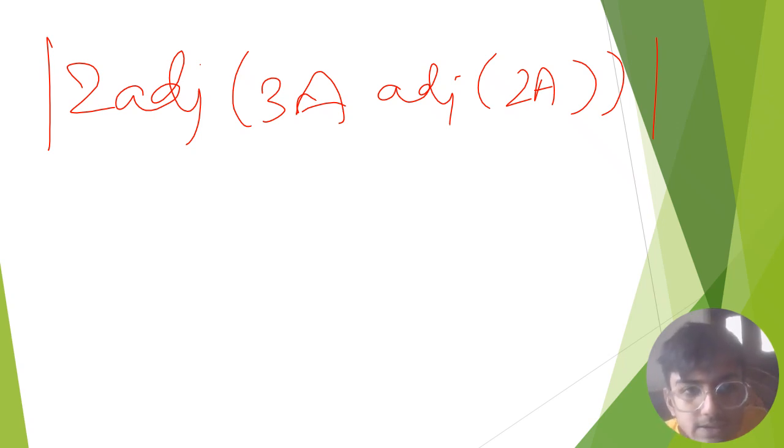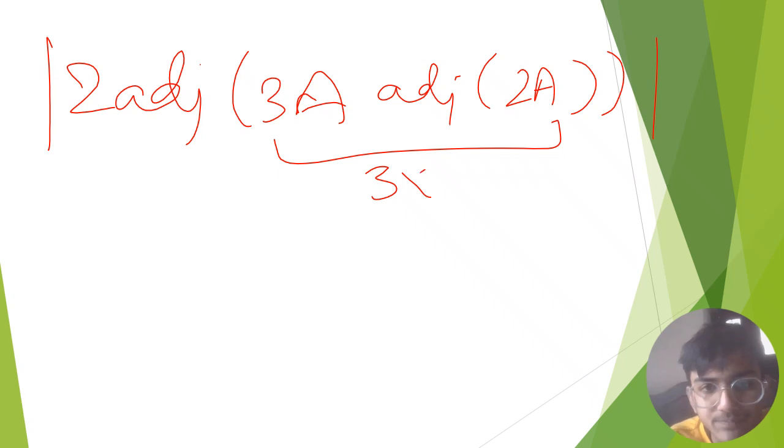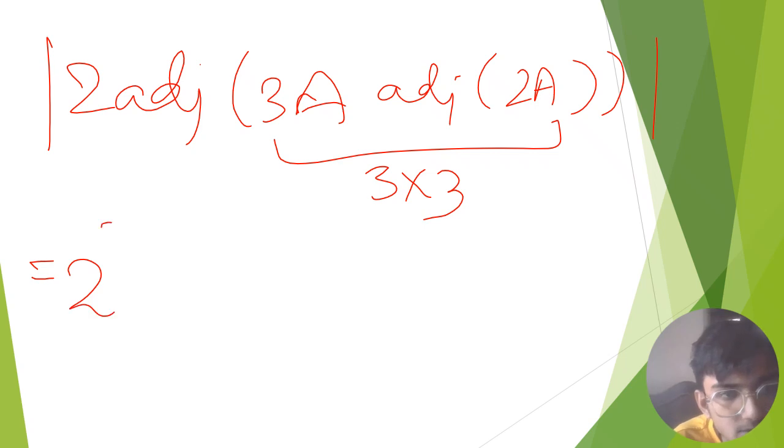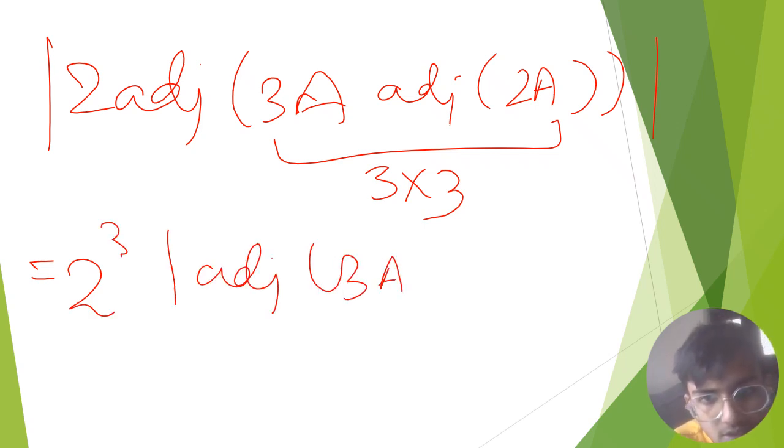So this whole value, 3A into adjoint of 2A, will be a 3 cross 3 matrix. And when you take its adjoint, that will also be a 3 cross 3 matrix. So we just use the property of determinant: this is a 3 cross 3 and 2 is a scalar quantity, so it will come as 2 power 3, and then adjoint of 3A adjoint of 2A.